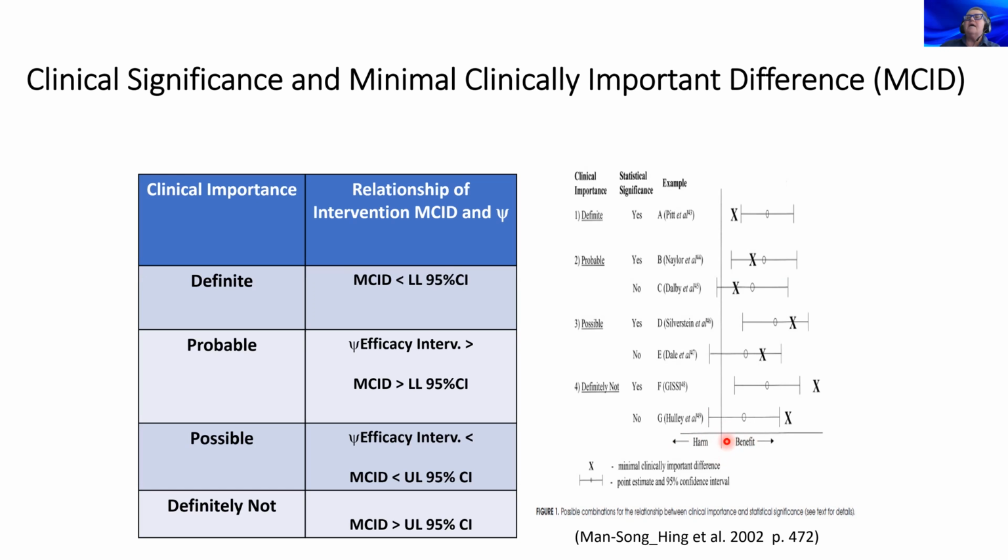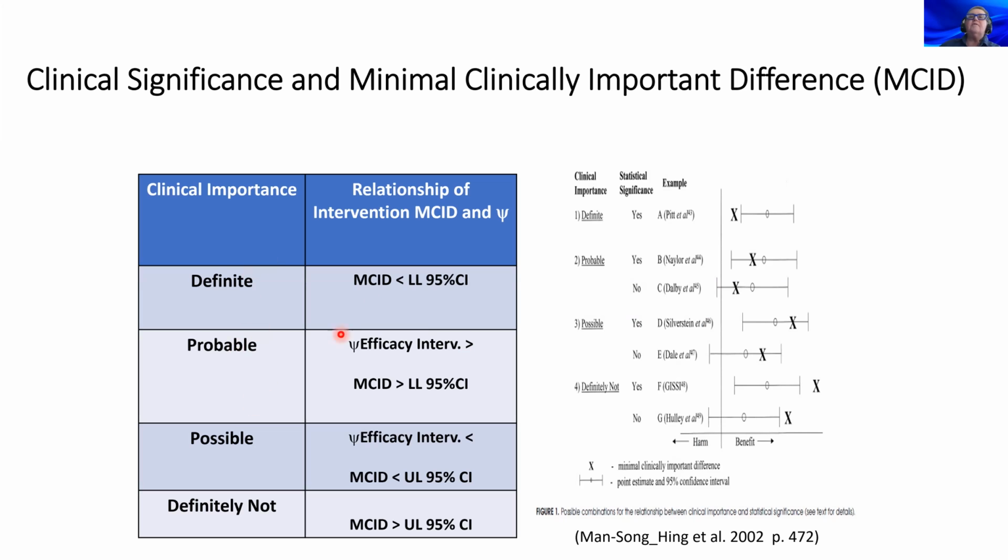So you could then note, is it benefits or harms? And you could look at what occurs relative to the MCID below the lower limit of the confidence interval. So we would have clinical importance, also statistical significance, because it is above this line.